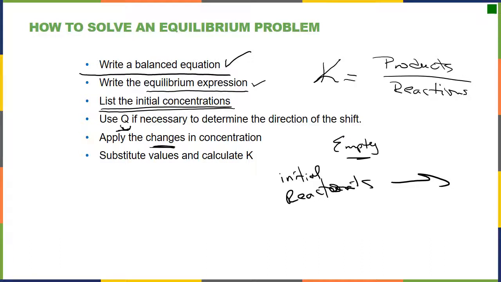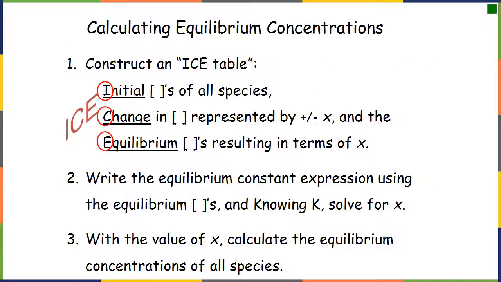We're going to apply our changes, look back in, and calculate K or some equilibrium value. So again, step one, balanced reaction, write your equilibrium expression, and then figure out what goes on from there.